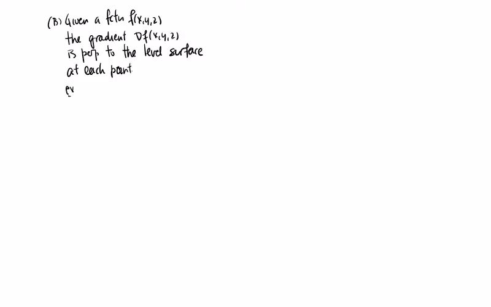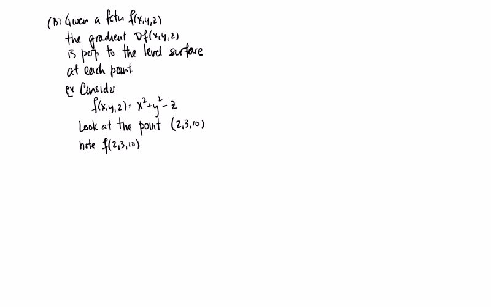So let's do one more example. Consider f of x, y, z equals x squared plus y squared, we'll do one that's familiar, minus z. And let's look at the point 2, 3, 10. Note that f of 2, 3, 10 is 2 squared plus 3 squared minus 10.